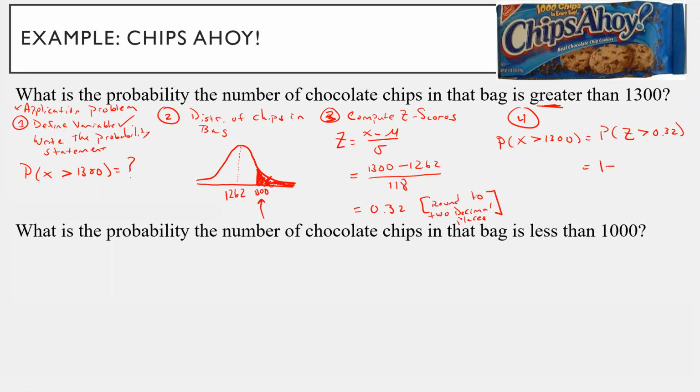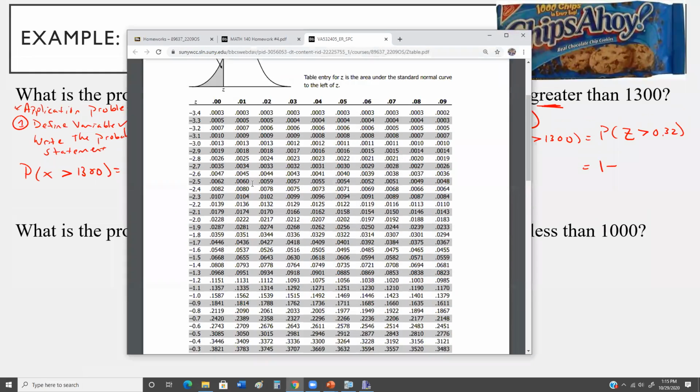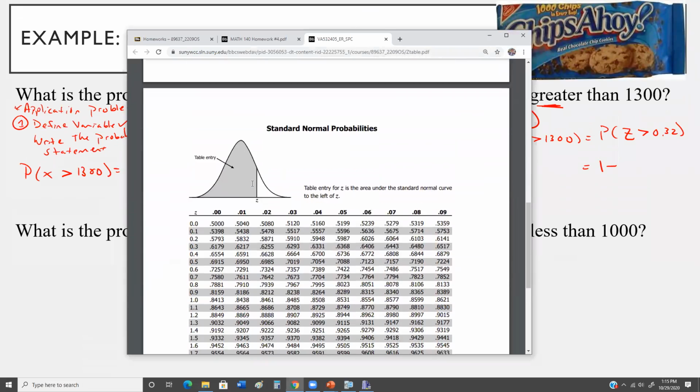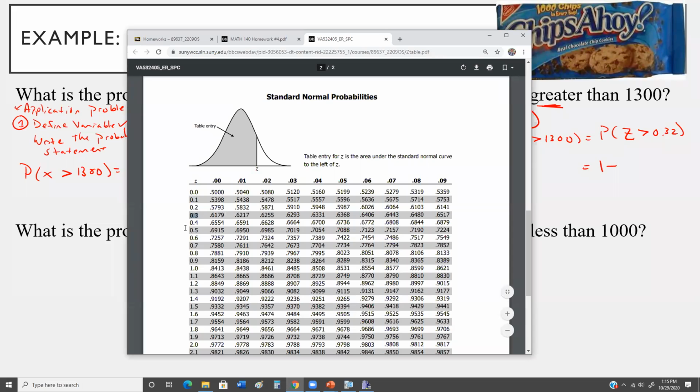So it's 1 minus, so I've got to go look up this z-score. It's a positive z-score, so I go to the positive side. You look up the first 2 digits, 0.3, which is right here. And then the last digit is a 2, so you go find 2 at the top, which is up here. Do you guys see that they intersect at 0.6255? Does everybody else see that?